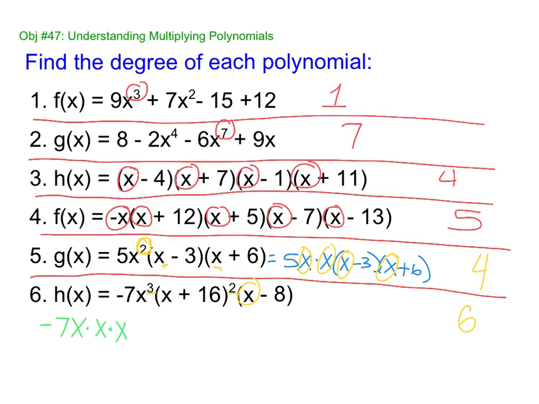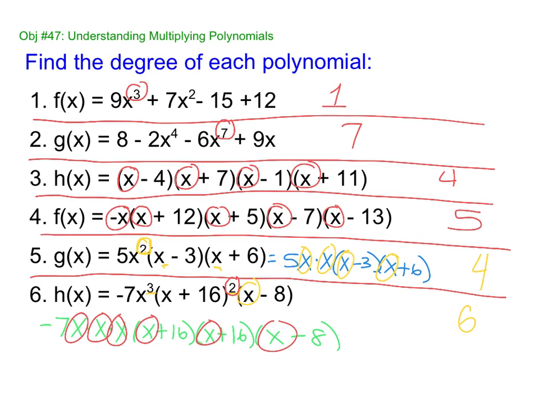Now this is x plus 16 squared, so that's x plus 16, x plus 16, and then x minus 8. Right? So if I count, I've got 1, 2, 3, 4, 5, 6. So this 2, we're going to add the 2, the 3, and then there's really an invisible 1 here. So 3 plus 2 plus 1. So that's the degree.